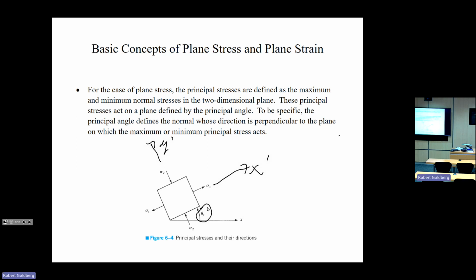So this principal angle defines the normal whose direction is perpendicular to the plane on which the maximum or minimum principal stress acts.